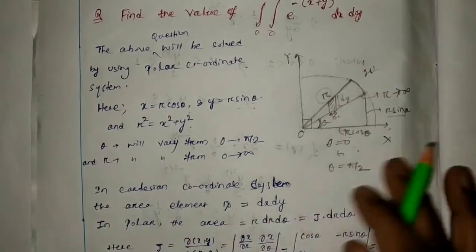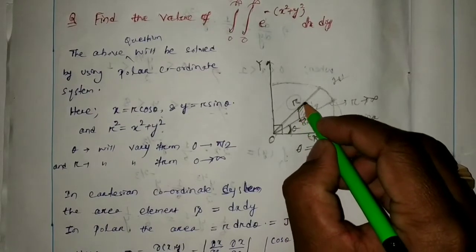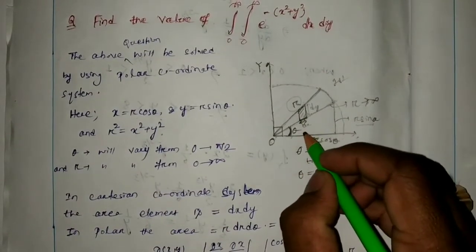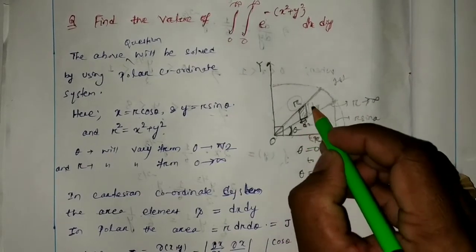Okay, in the Cartesian coordinate system, if we consider a small area, then the area element is nothing but small dx into dy, right?